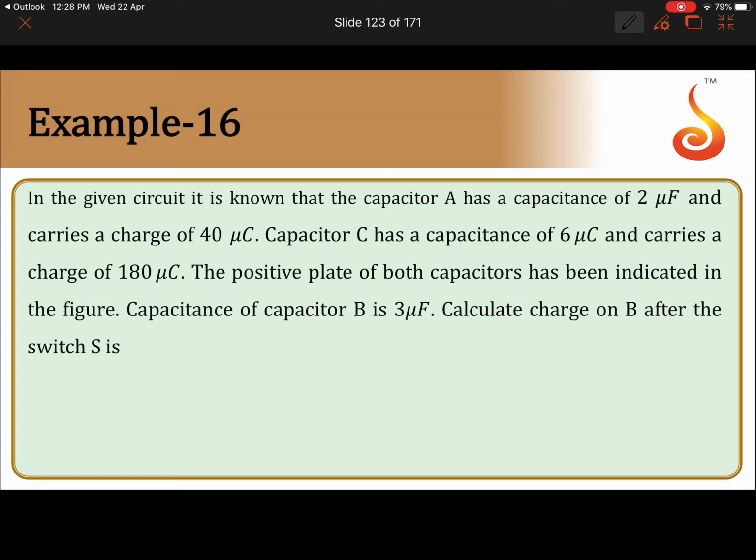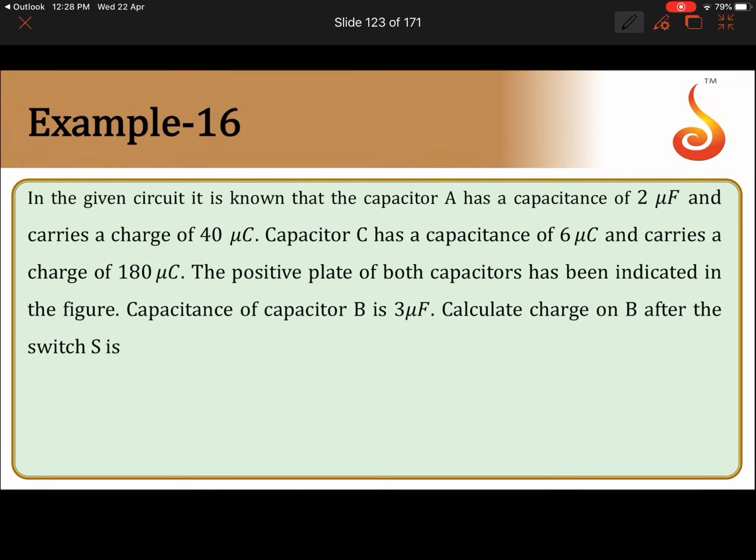Now come to this question. In the given circuit it is known that capacitor A has a capacitance of 2 microfarad and carries a charge of 40 microcoulomb. Capacitor C has a capacitance of 6 microfarad and carries a charge of 180 microcoulomb.